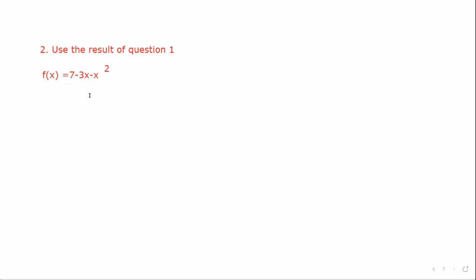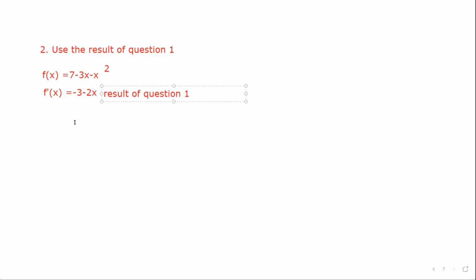And what step 1 told me was that f prime of x was equal to -3 minus 2x. That's what question 1 said. This was the result of question 1.